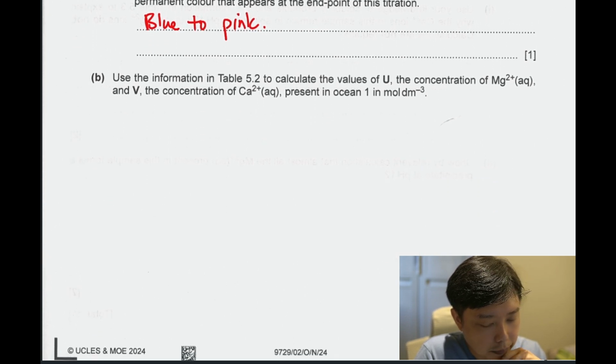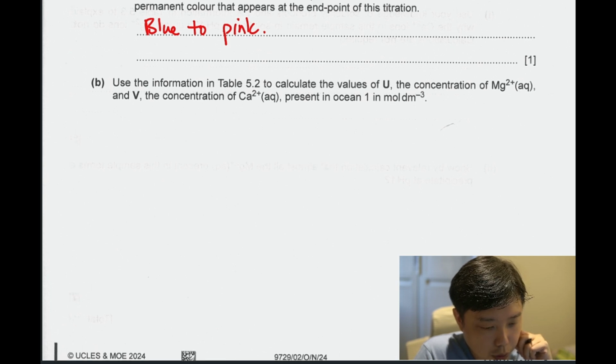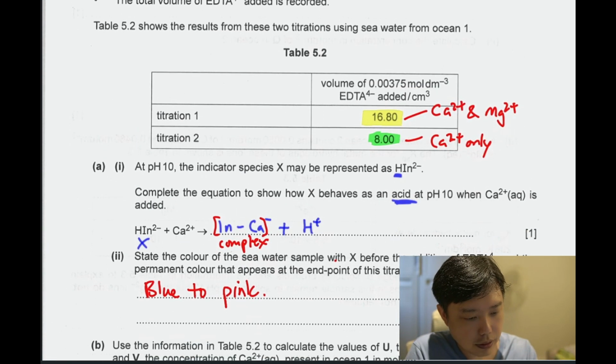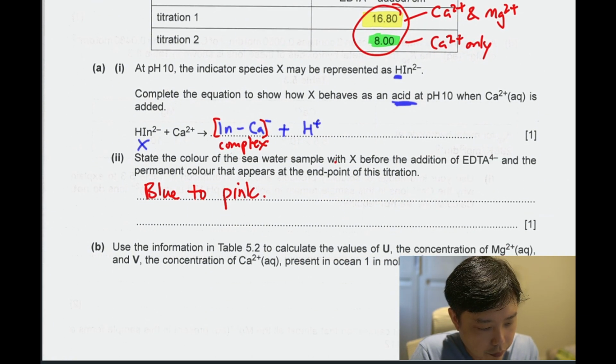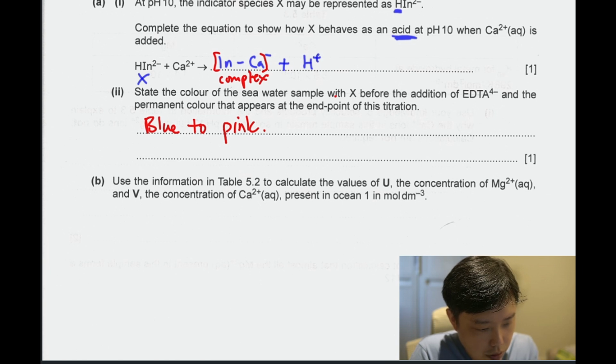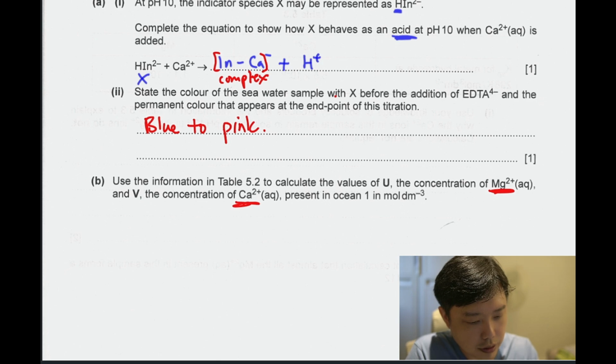Okay, let's look at part B. Use the information in table 5.2. What's 5.2? Okay, this is the titration values, to calculate the values of U, which is concentration of magnesium, and V, concentration of calcium.